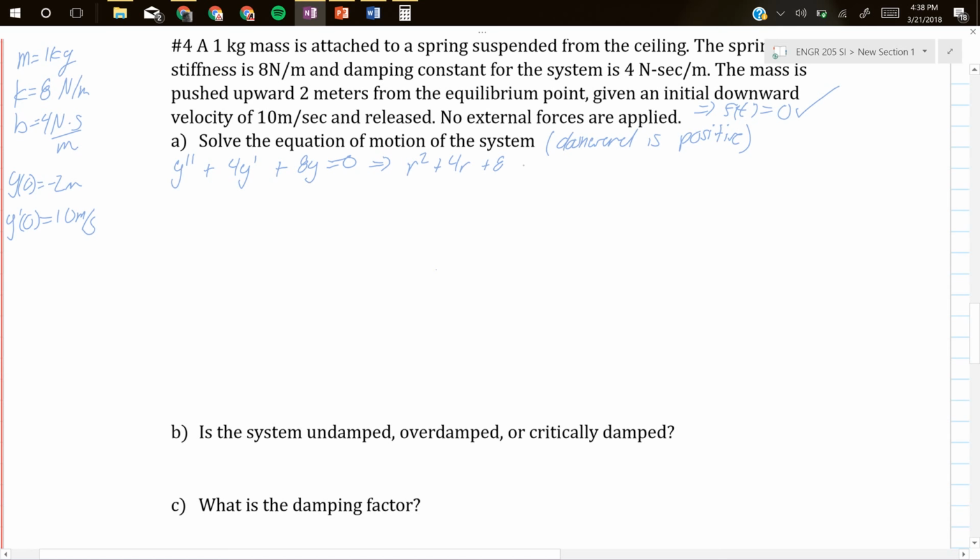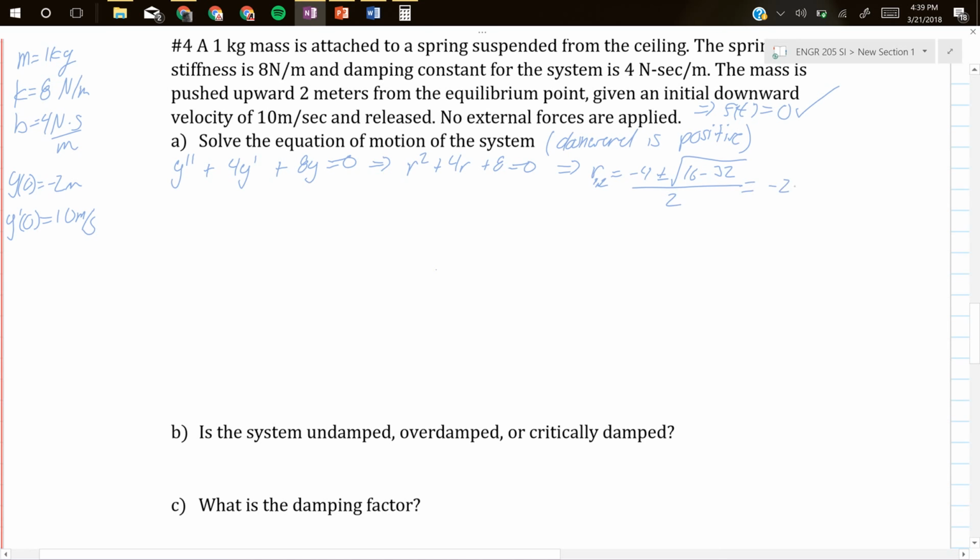And then this implies our roots r1, r2 equals negative b, which is negative 4, plus or minus the square root of b squared, 16, minus 4 times a, which is 1, times c, which is 8, so 4 times 8, 32, all over 2 times a, which is 1, so 2.